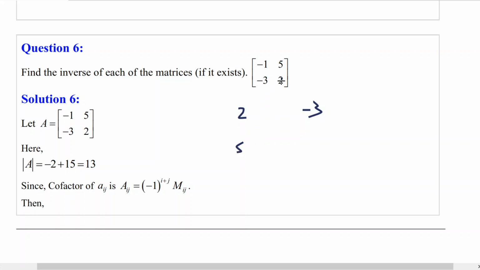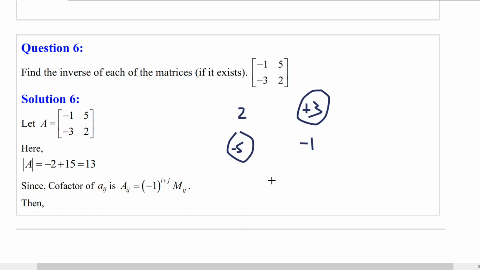And by hiding this element by row and column, I'll get minor 2, 2, that is minus 1. And now by changing the sign of these two elements, as already told, negative will become positive, positive will become negative, right? So these are the cofactors, cofactor 1, 1, 1, 2, 2, 1, 2, 2.